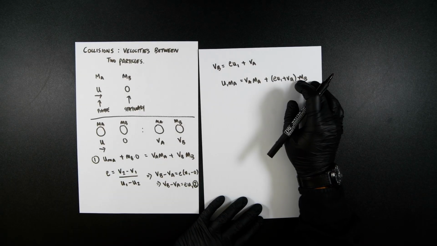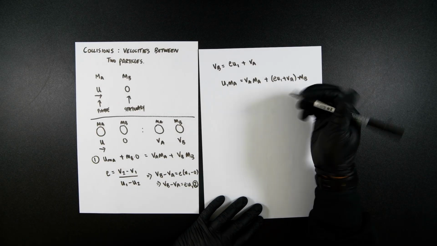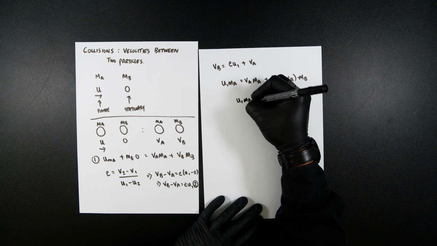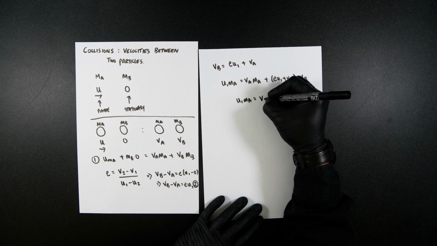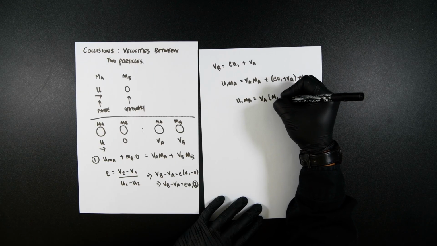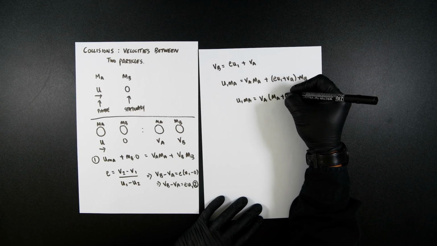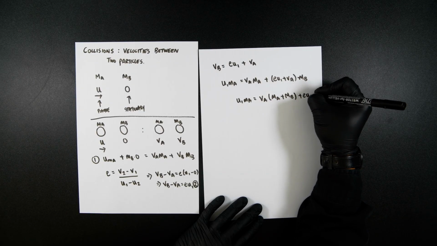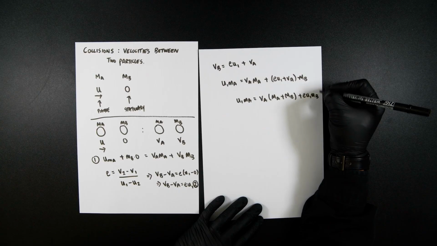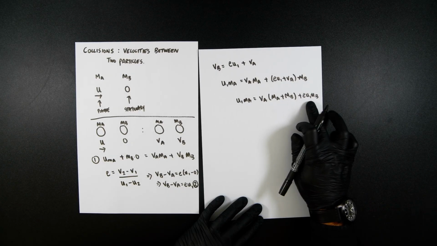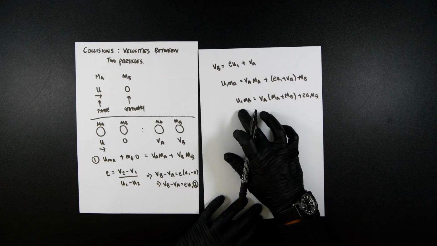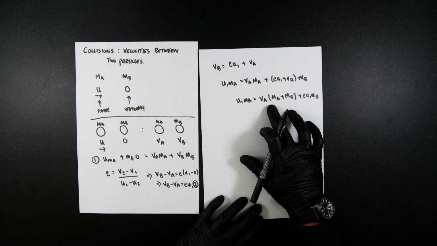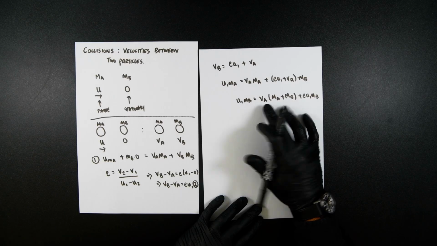So let's rearrange. We want to get VA by itself. So I should get u1 MA equals VA (MA plus MB) plus e u1 MB. We can now subtract this on both sides, so we can move it to the left-hand side, and then divide both sides by MA plus MB, so we can get VA by itself.